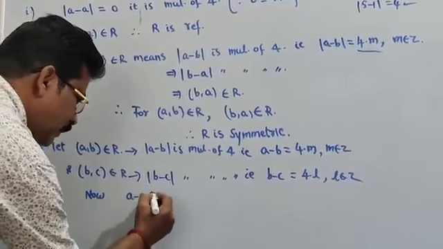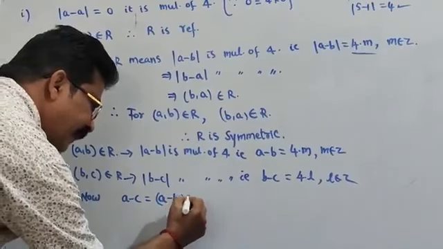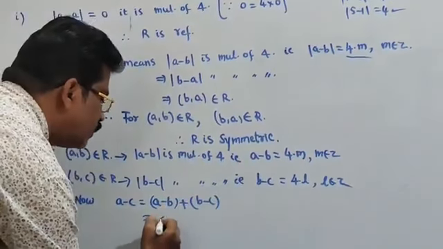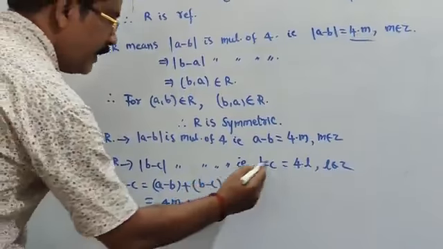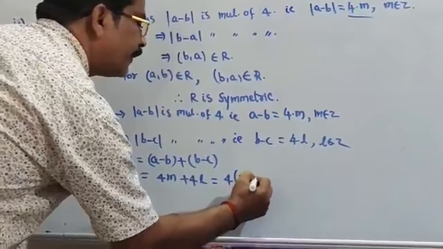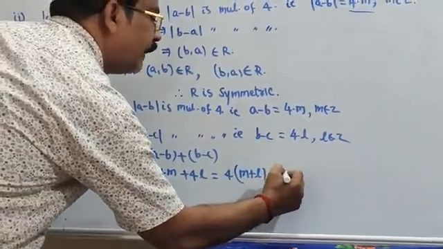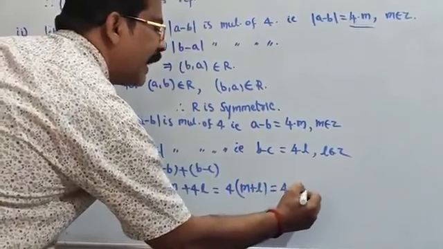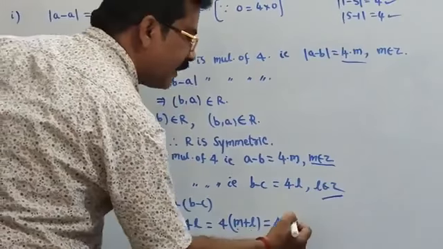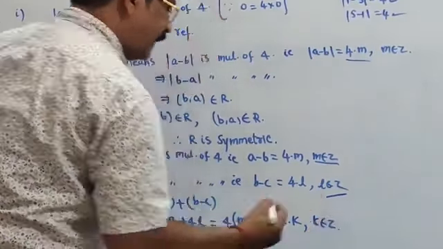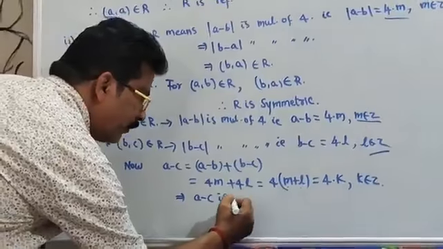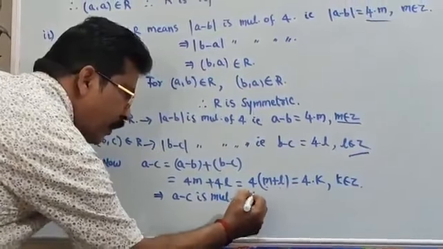Now a minus c is equal to, we can write it as, a minus b plus b minus c. So that is 4m plus 4l, which is equal to 4 common, m plus l. That is equal to 4 into k, say, where m is an integer, l is an integer, and l plus m is also an integer, therefore k must belong to Z. So what does it mean? a minus c is a multiple of 4.